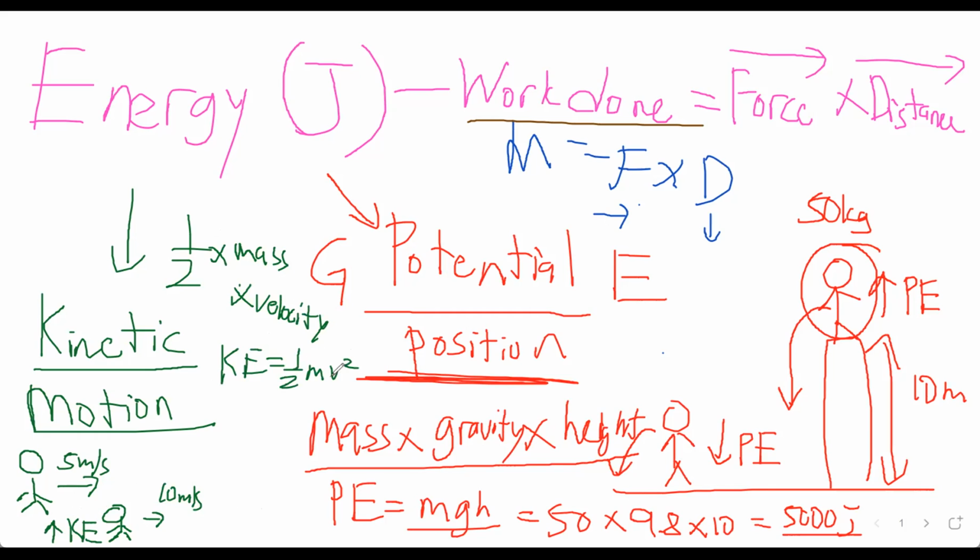Depending on your velocity, the faster you run, the more kinetic energy you have. So same thing, if this guy is 50 kg here, then it's going to be half multiplied by 50 multiplied by 10 squared, which if you press in the calculator would be 2,500. It'll be 2,500 joules here.